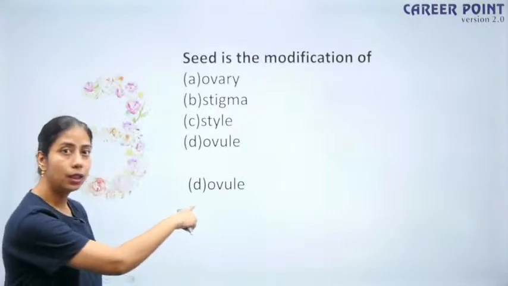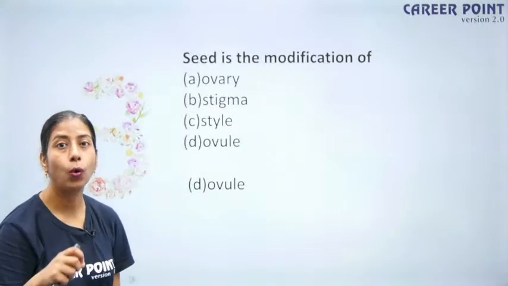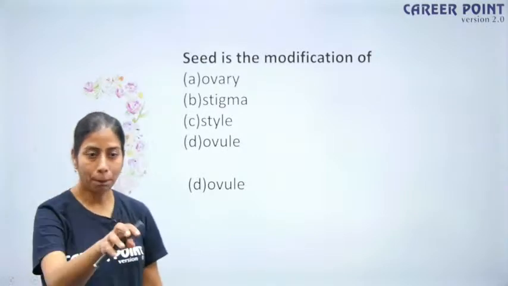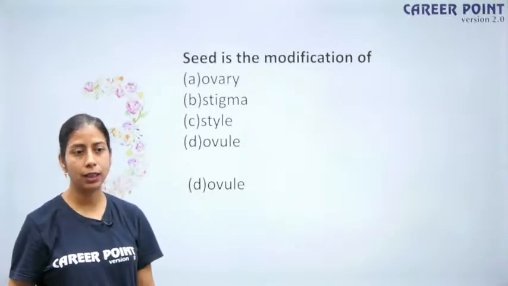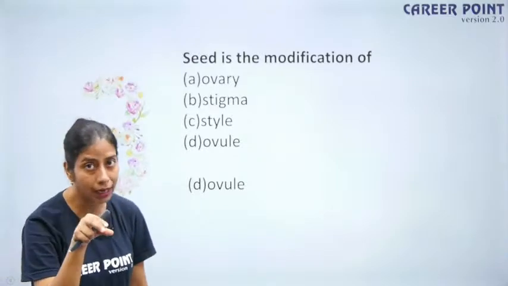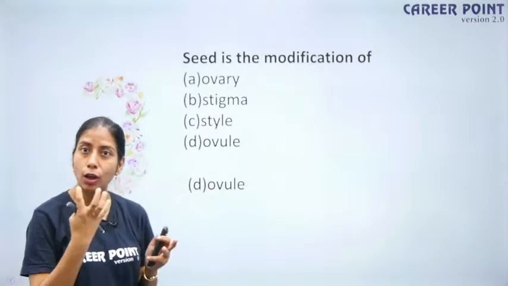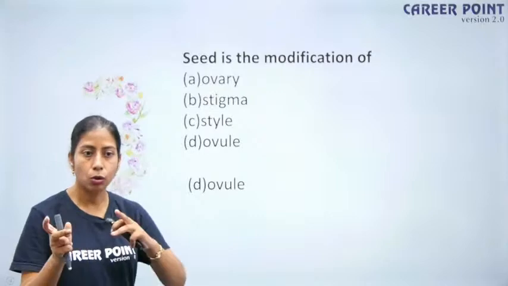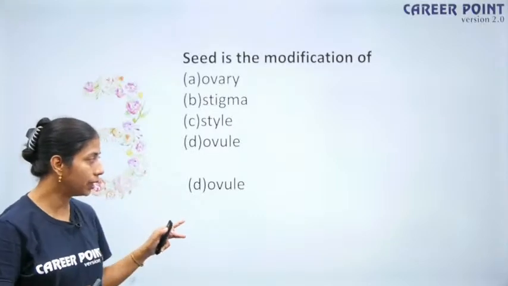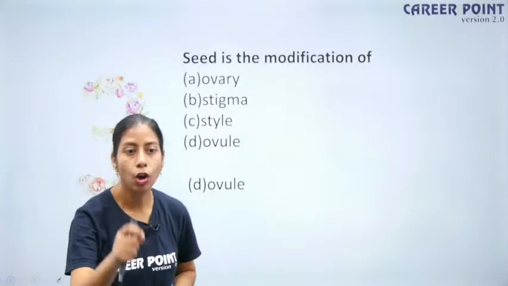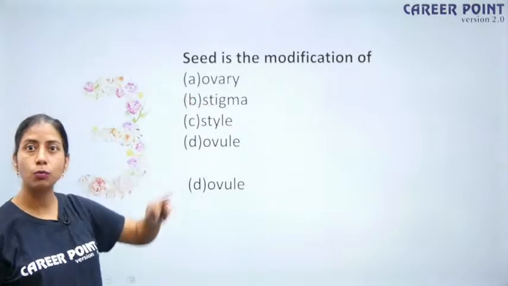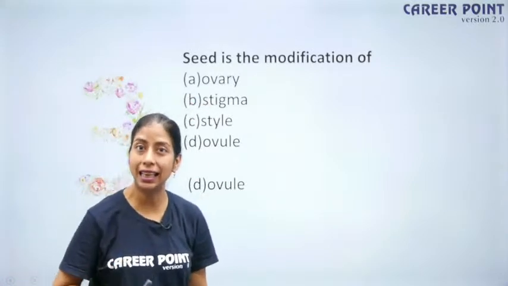So here the answer is ovule. ठीक है, so please don't get confused between the two. Ovule अंदर है तो seed और बाहर वाला portion ovary है तो fruit. आप जब खाते हैं तो आप fruit खाते हैं, seeds अंदर होते हैं, तो उससे याद रखें. So here the answer is D, ovule. Ovule gets modified into seeds.